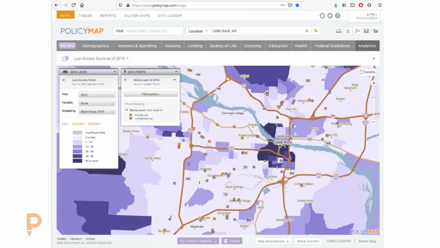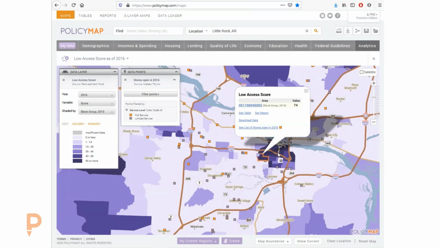But those values created a baseline for us, and that baseline created a score, and that score means that the higher you are outside of that score, you have to reduce that score to get to the 0, which is the baseline. So these places in purple are, in this case, 74 points above the baseline. And for it to become not an LSA, we need a grocery store or to change the population types to get down to that 0 or the baseline.